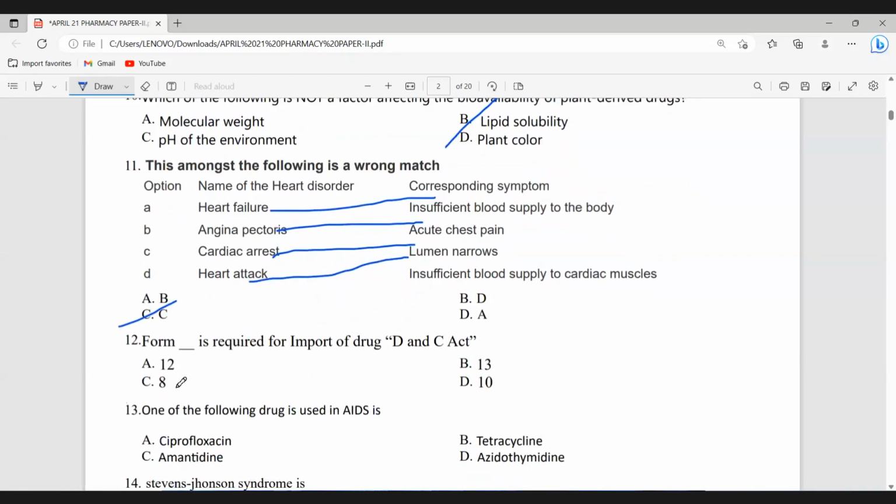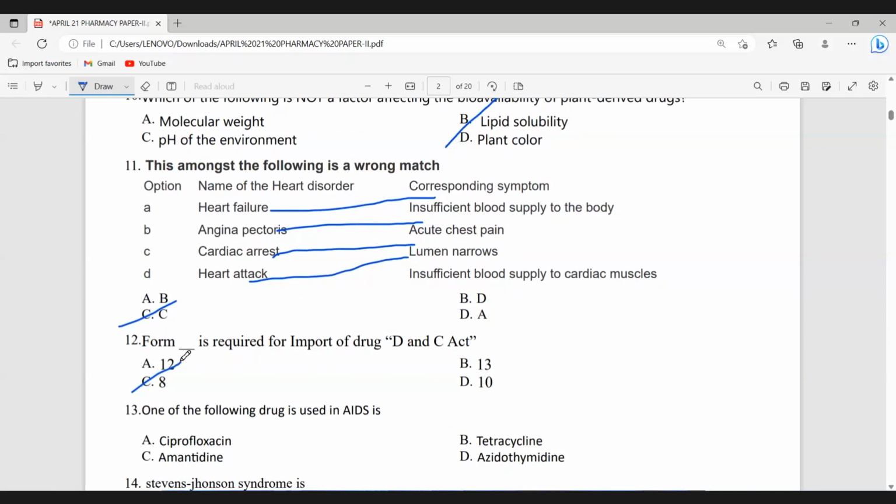Then coming on to the 12th question. The form required for import under the Drug and Cosmetic Act is form 8. But note one point. Form number 8 means application made for an import of drug.